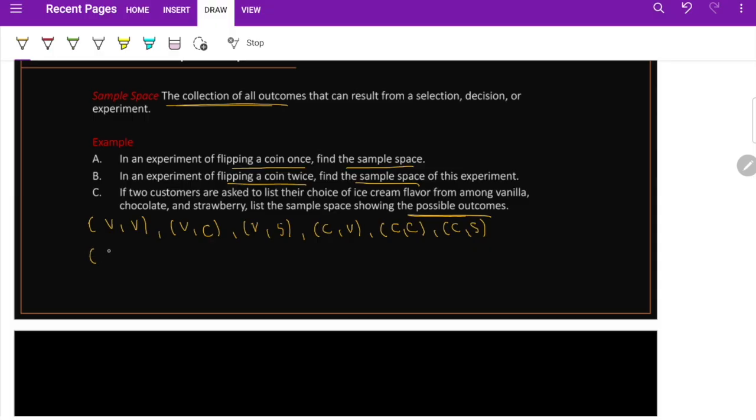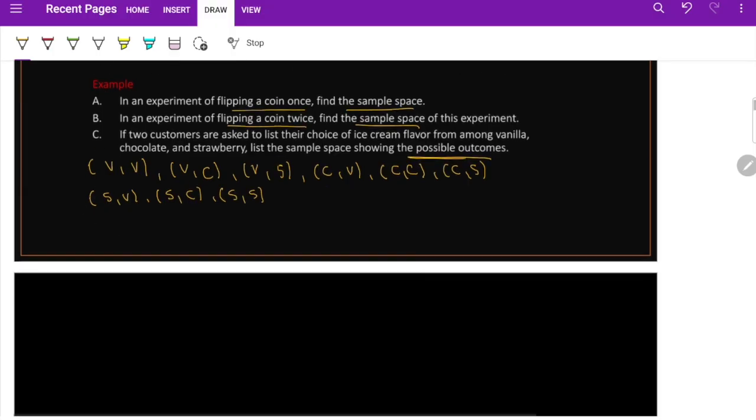What else? Strawberry, vanilla, strawberry, chocolate, strawberry, strawberry, right? So basically, these are all possible outcomes, right? Do we have any other outcomes we may get? If you ask any two customers, you must get one out of these outcomes. There is nothing we left behind.